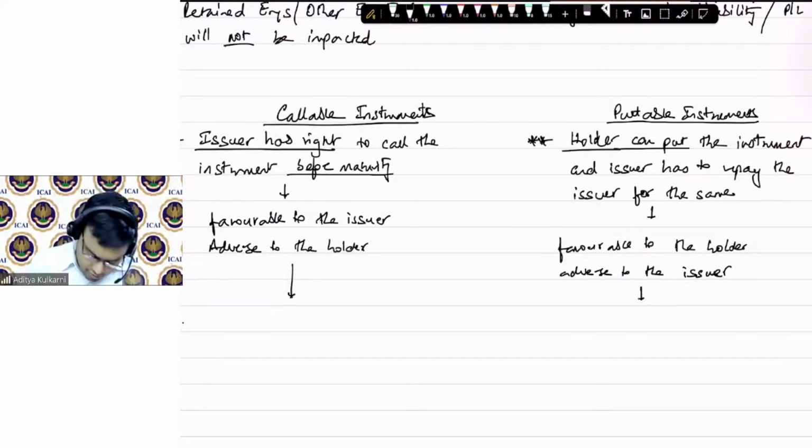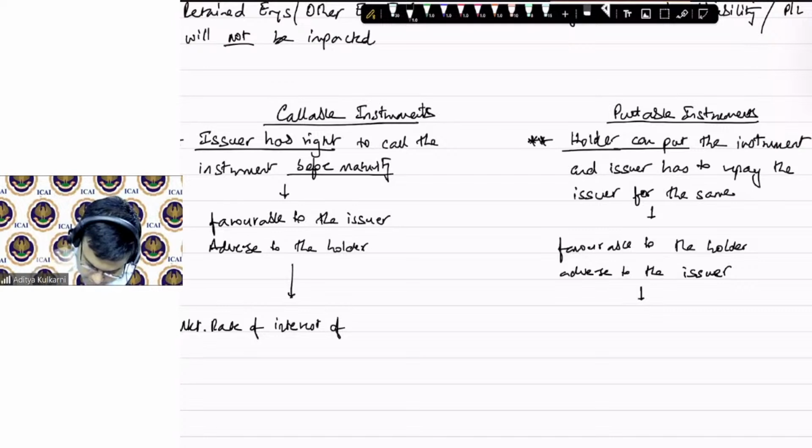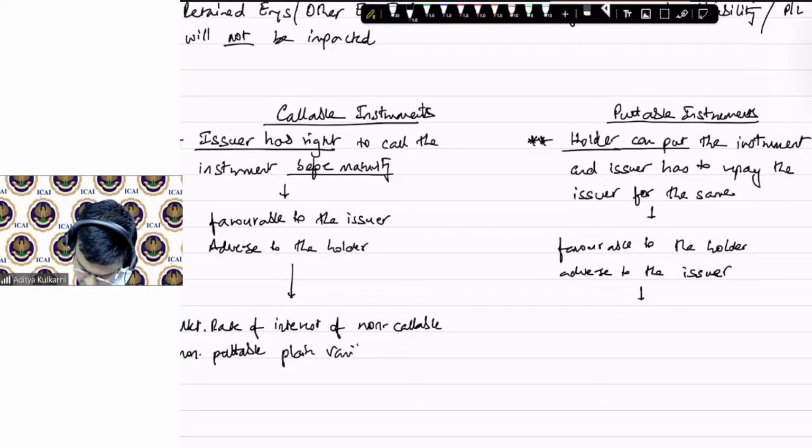So I have the market rate of interest of a non-callable, non-puttable, plain vanilla instrument is 10%.